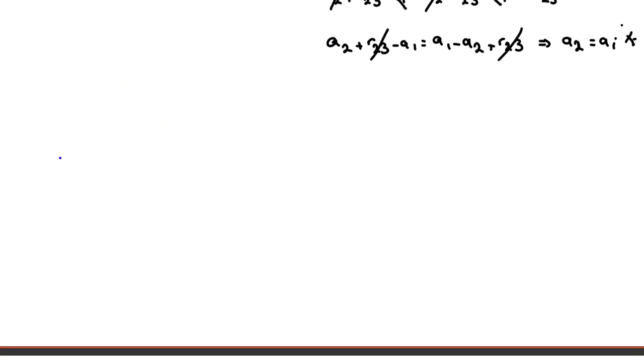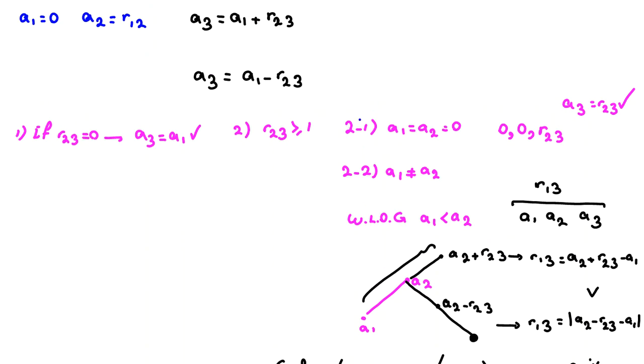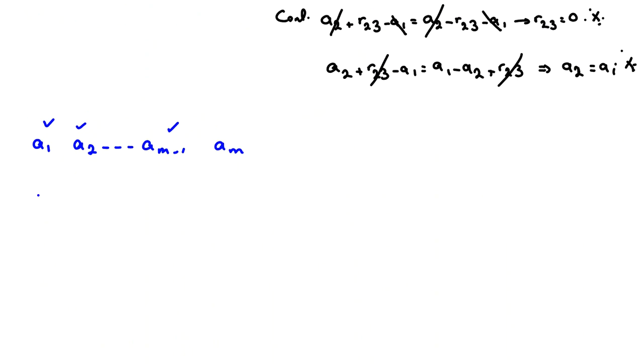How? Suppose we have A1, A2 to A(M-1), and all of them are okay. Now when we want to consider AM, we call this value R(M-1),M.